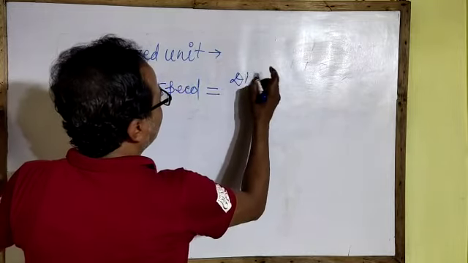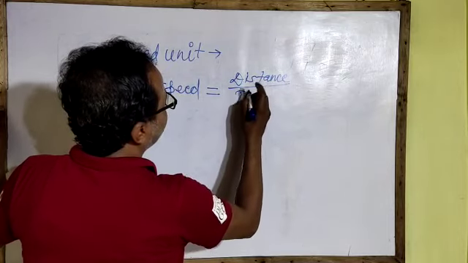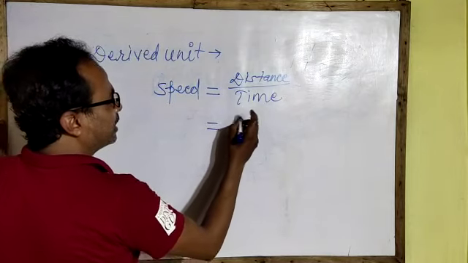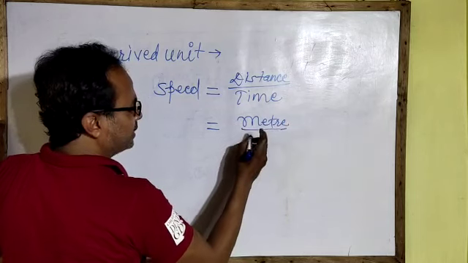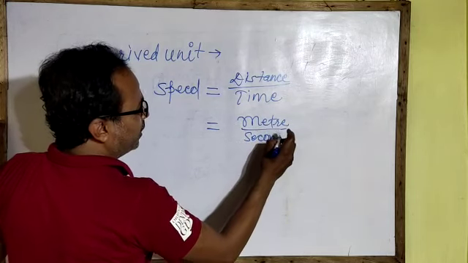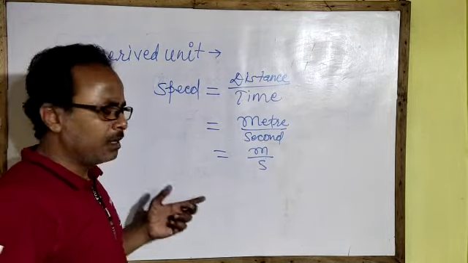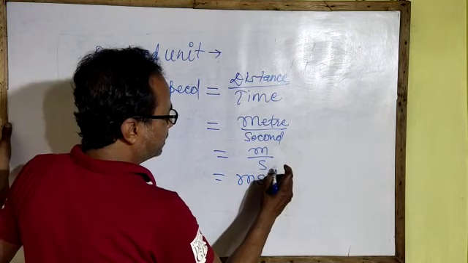Here speed is distance by time, and we have learned that the unit of distance is meter and the unit of time is second. You may write it as meter upon second. Now it can also be written as meter per second.